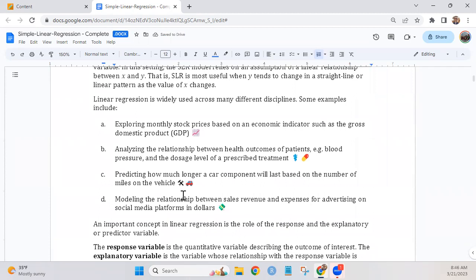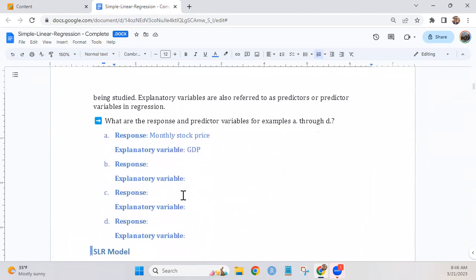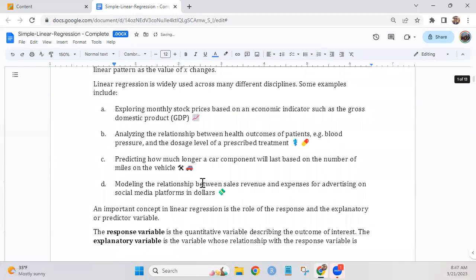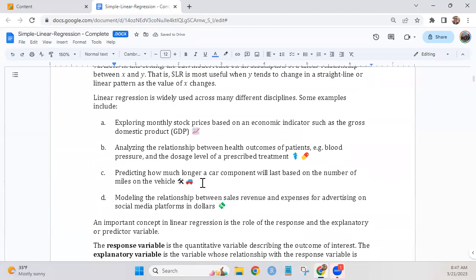All right, what about B? What's our outcome of interest there? Yeah, it gives the example of blood pressure. So we'll say blood pressure. And then what's the predictor variable there? Dosage level, yeah.